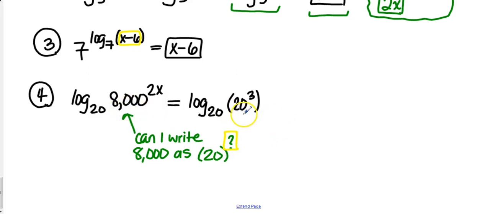So 8,000 can be rewritten as 20 to the third, and 2x is still the power. So 20 to the third to the 2x. Applying power to a power, we will multiply, so this will become log base 20 of 20 to the 6x. Log base 20 of 20 cancels out, leaving behind our exponent, 6x.